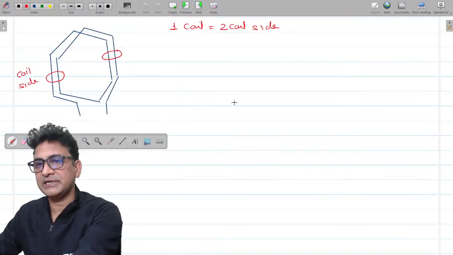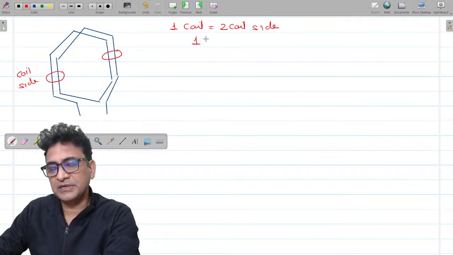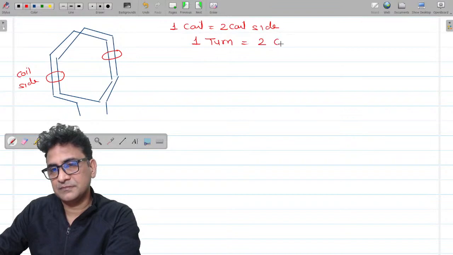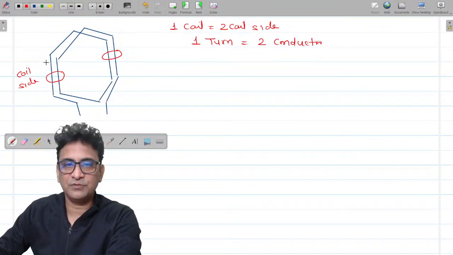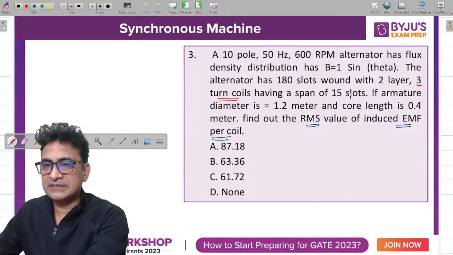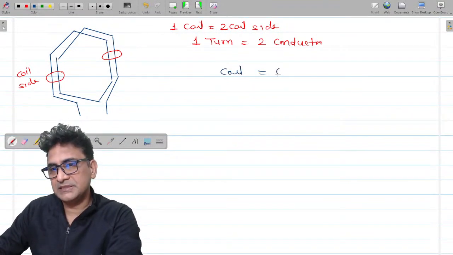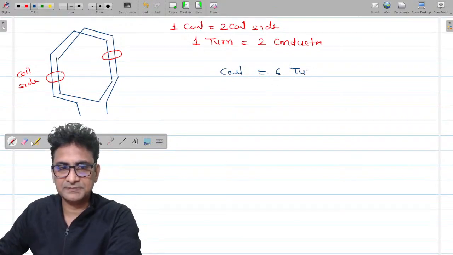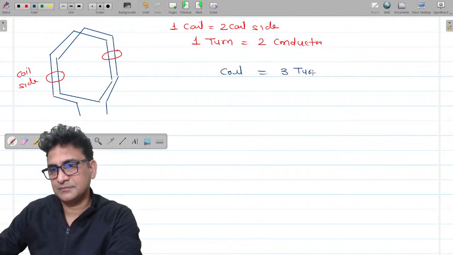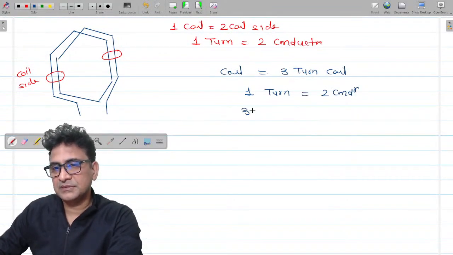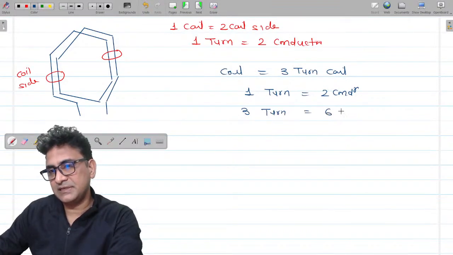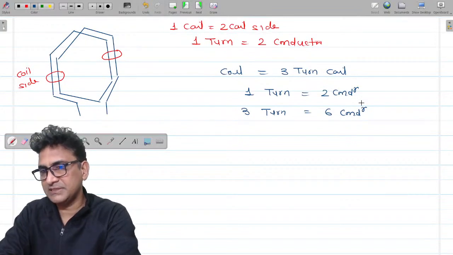In a 3 turn coil, how many conductors does it have? Since we know one turn has 2 conductors, the 3 turn coil would have 6 conductors. Clear? It is 6 conductors.